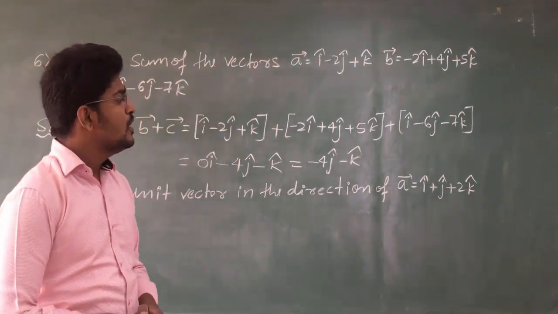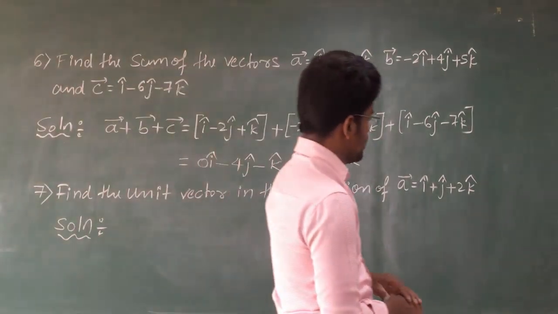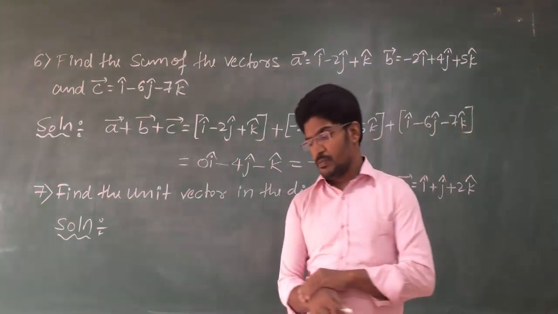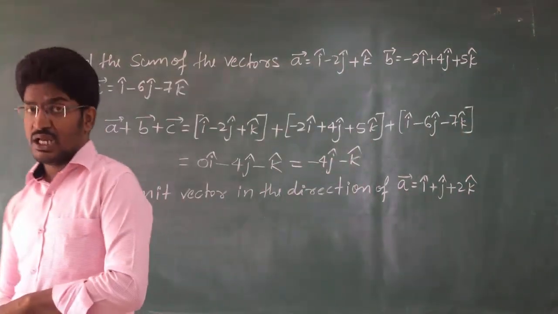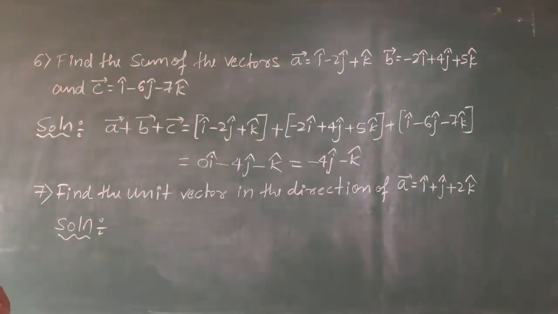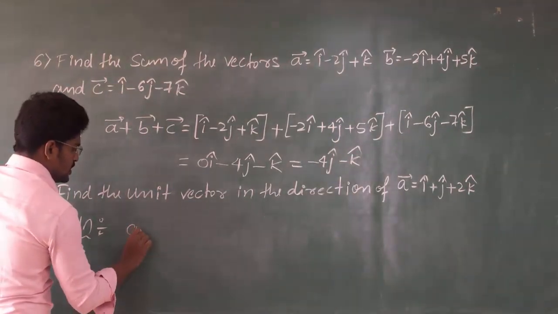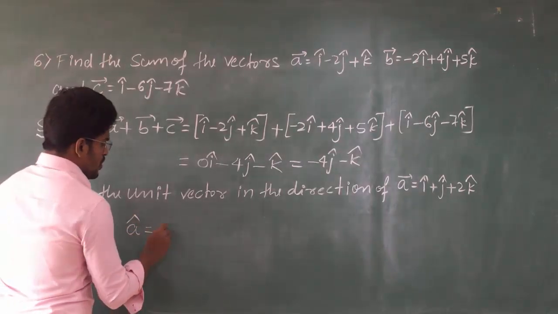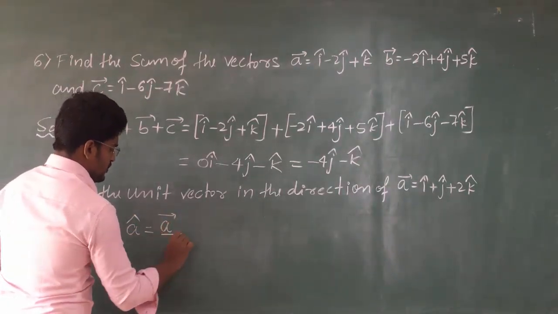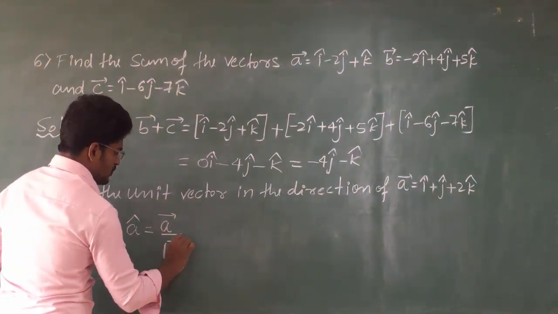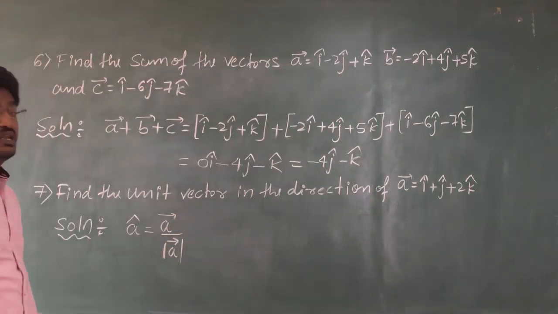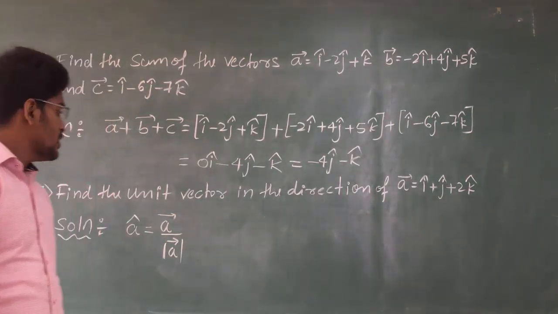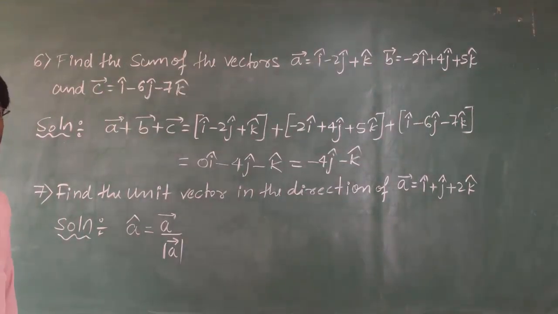In the same way, we shall go to find the unit vector in the direction of vector A equal to i cap plus j cap plus 2k cap. No problem. To find the unit vector, as you all know, the formula is unit vector A cap equal to vector A divided by mod of vector A. Clear?